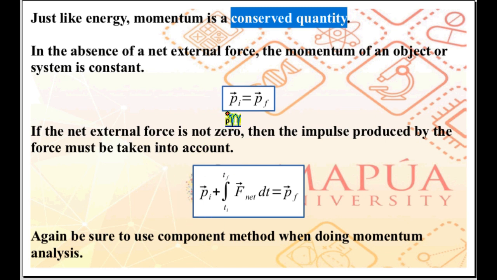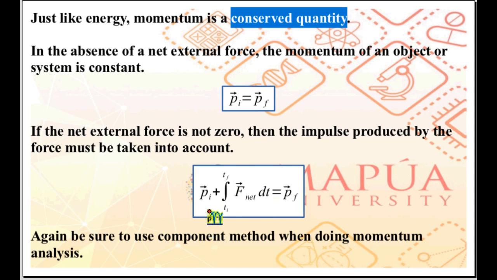So our conservation of momentum equation must take into consideration that impulse: initial momentum Pi plus the impulse produced by the net external force is equal to the final momentum.